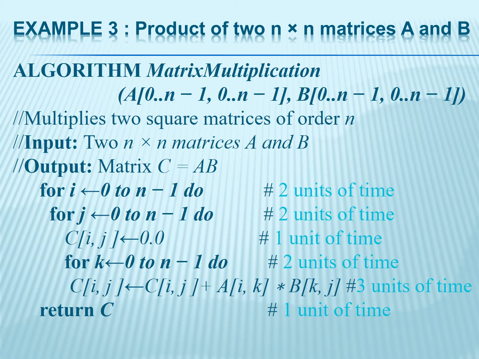The outer for loops with the iterator variables I and j select the row and column of the resultant product matrix C. The inner for loop with iterator variable k selects the elements in the corresponding A and B input matrices and computes the product. The algorithm returns the product matrix C.